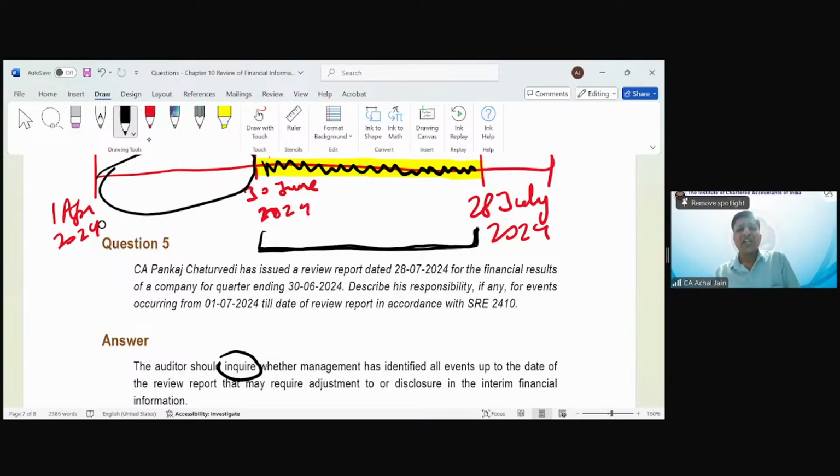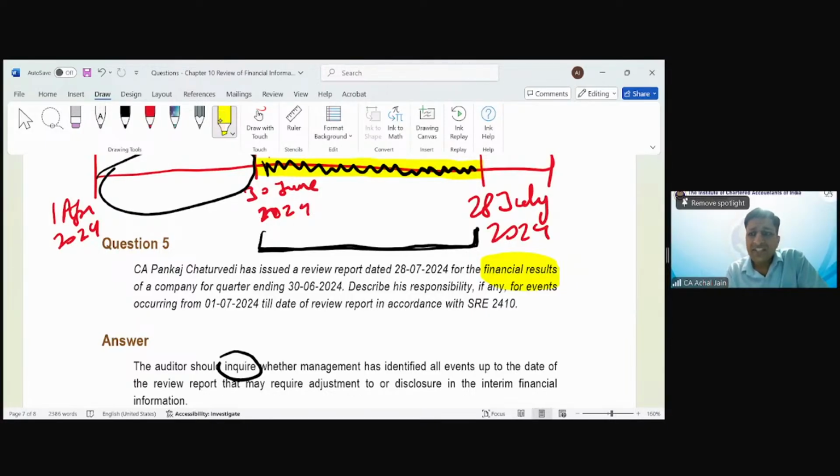Financial information is not the responsibility of the auditor to prepare. It is the management's responsibility. So to say that the auditor will disclose is incorrect. Auditor cannot disclose it anywhere. There is no option available. The auditor cannot just go and say that he will prepare the financial results. Financial results are similar to financial statements only.